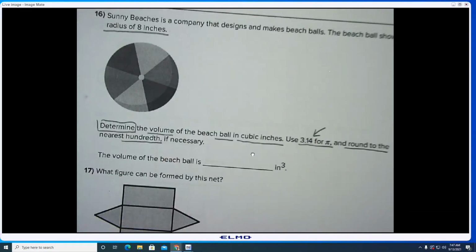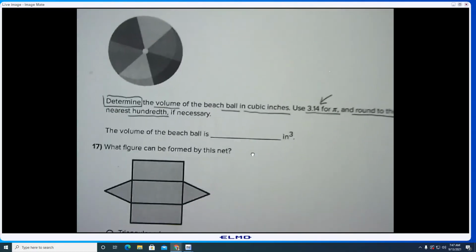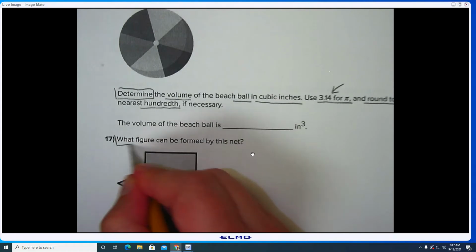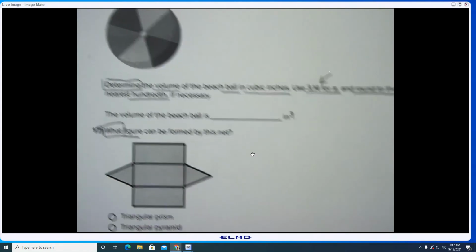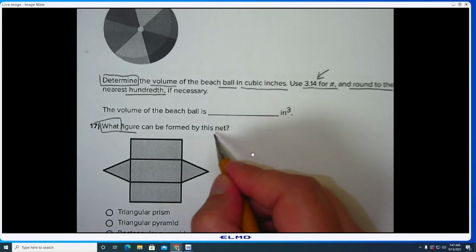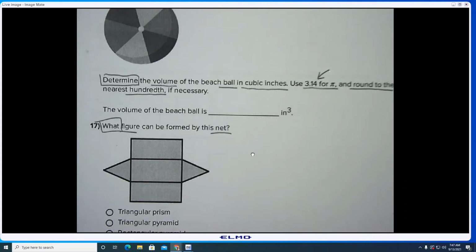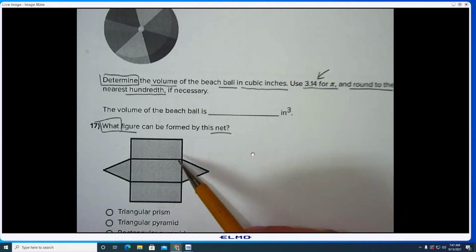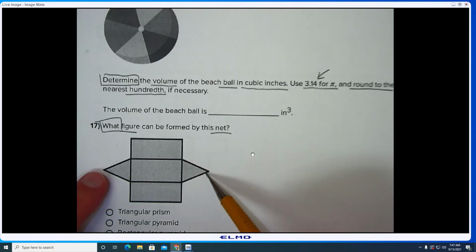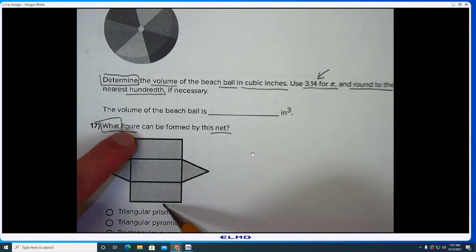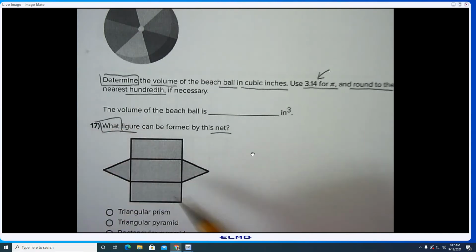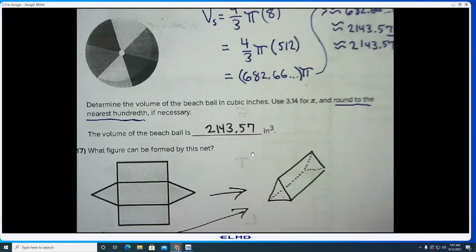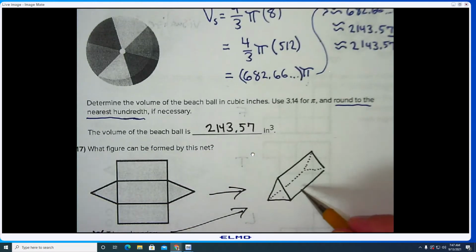Number 17. What figure can be formed by this net? Net is a two-dimensional representation of a 3D shape that's been broken down. So if you pull these two triangles up and connect them with these rectangles, you would get this shape right here.